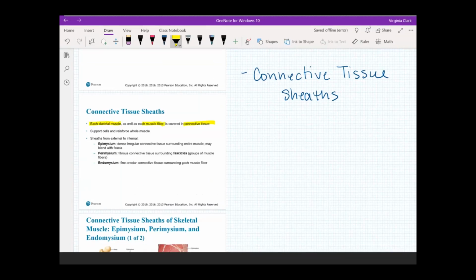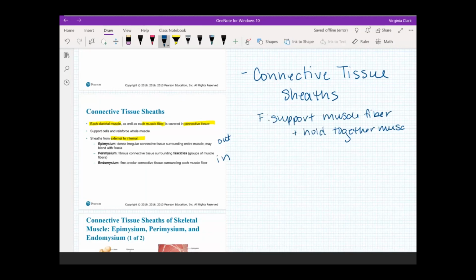That means that these sheaths will go from internal all the way to external. So the function of these connective tissue sheaths is to support the muscle itself and the cell, the muscle fiber, also known as the muscle cell, and also to hold together the muscle. So there are 3 layers.